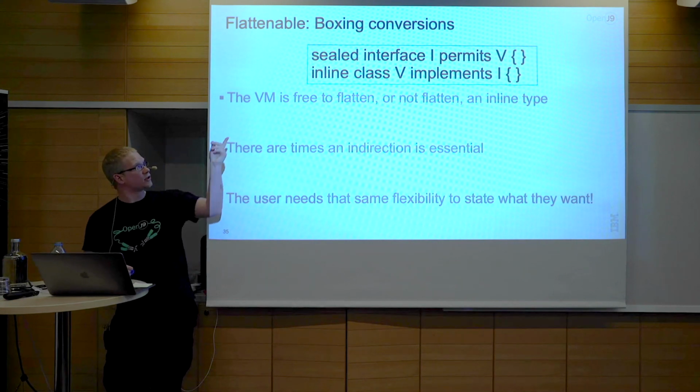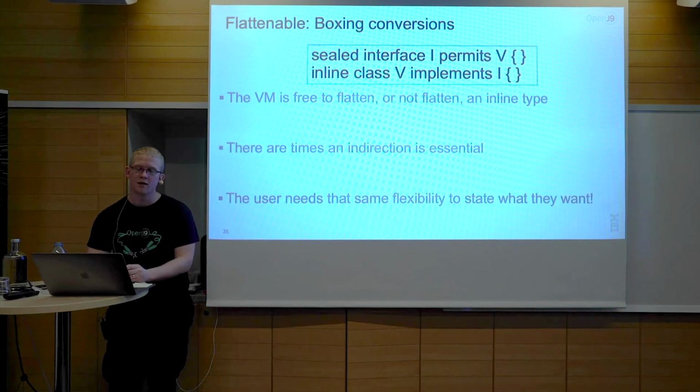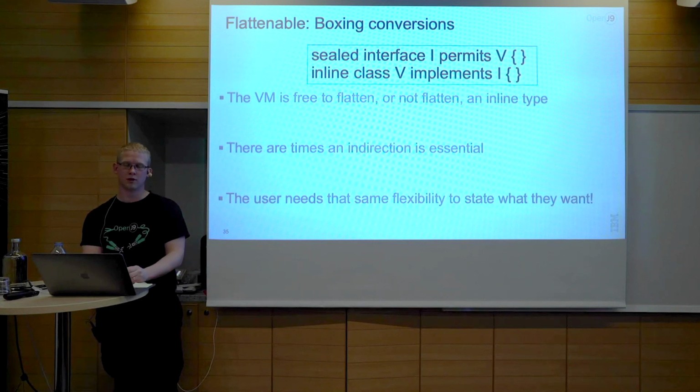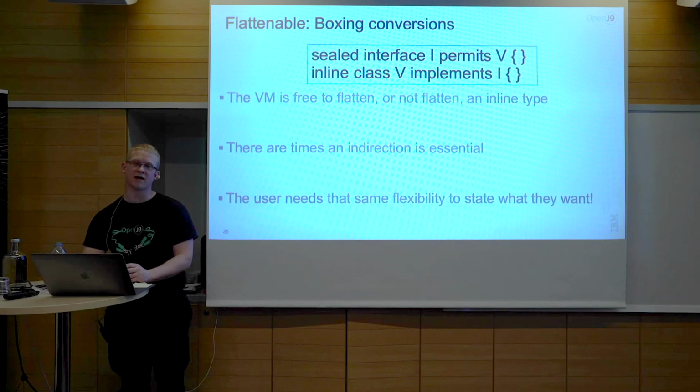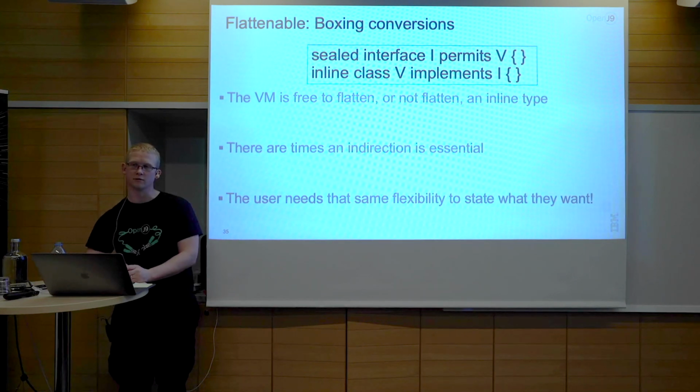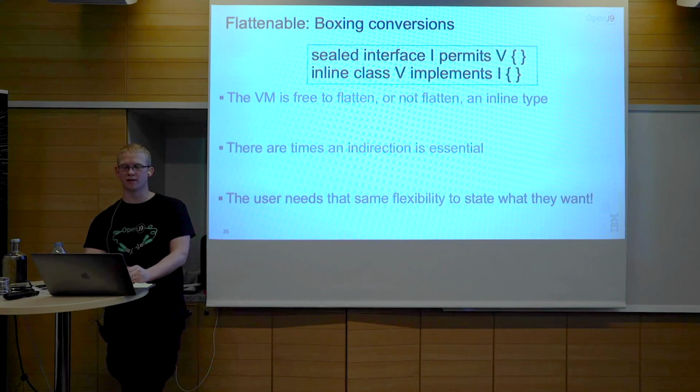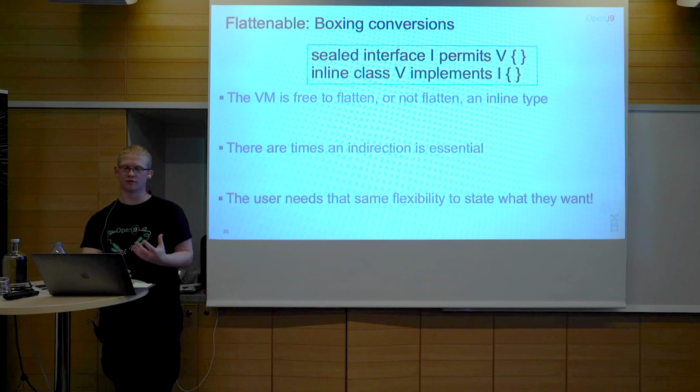So this is the model we actually come up with, is that every inline type, which will be flattenable, is also going to have a companion interface. And that interface is sealed so that it can only be implemented by the value. So we now have our level of indirection here. We have the value type, V, and we have this sort of companion box that it carries around with it everywhere.